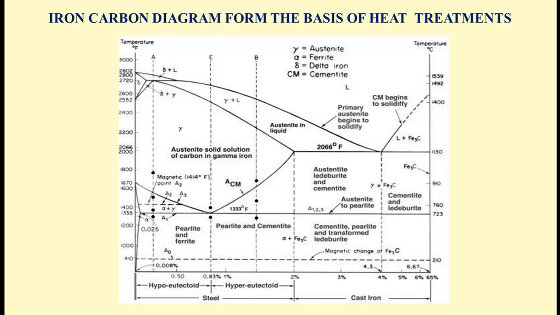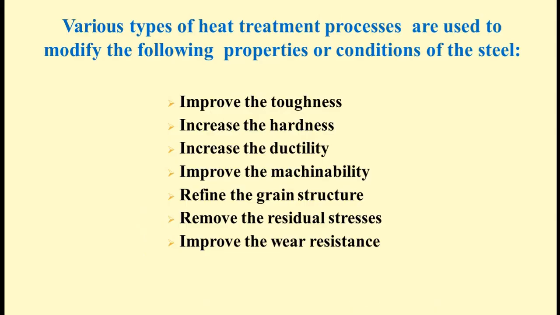But the problem is, the iron carbon diagram never tells what the cooling rate should be, how fast or how slow we should cool it to obtain the desired material. By applying the heat treatment process we can reheat the steel up to a certain temperature to obtain the material of our choice.